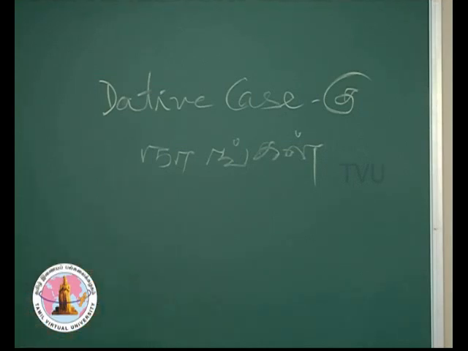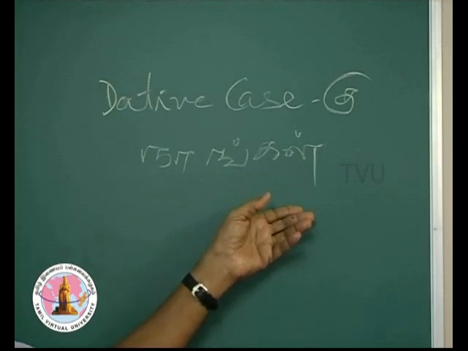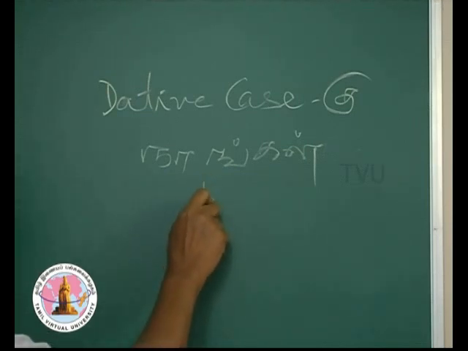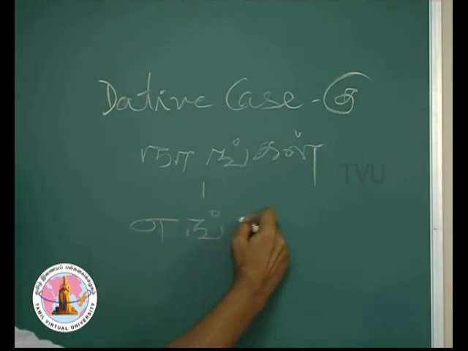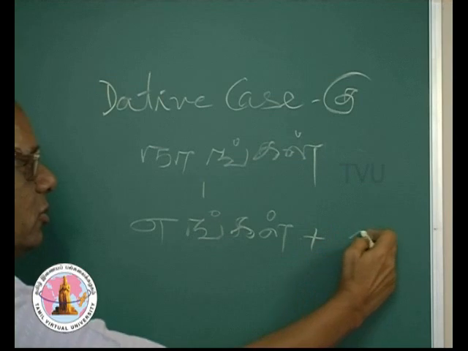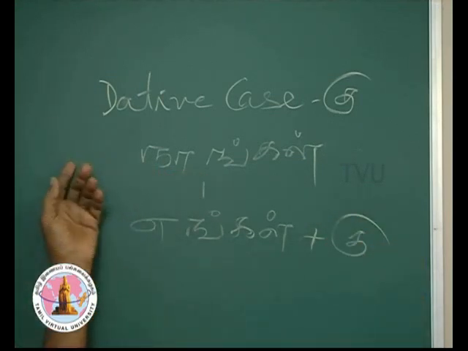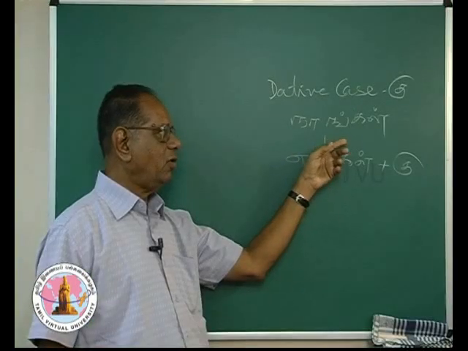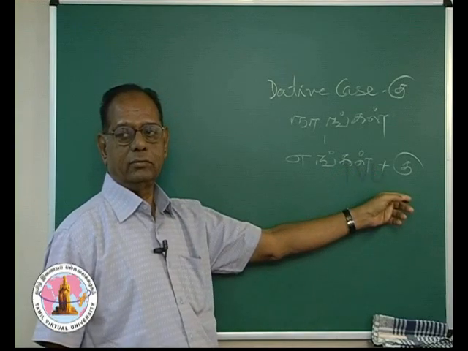One is nam, that is inclusive of the second person. The other is nangal, exclusive. So, nangal becomes yangal and accepts ku. Nangal, first person plural, first of all becomes yangal and then takes up the case marker.